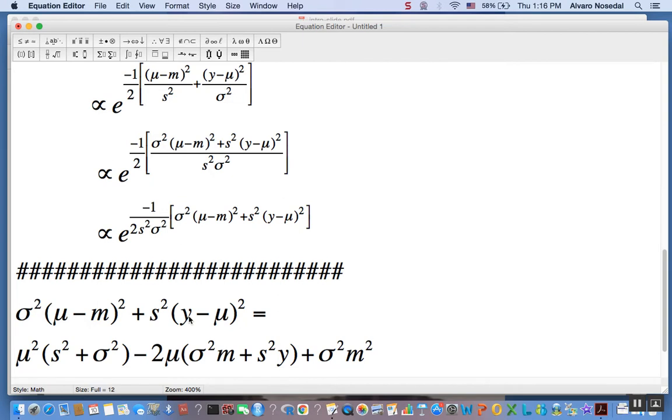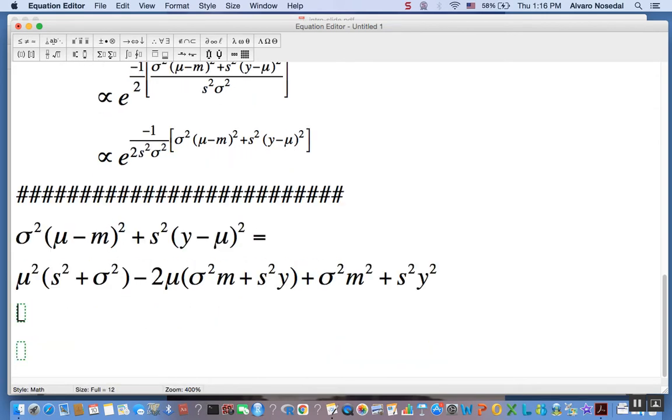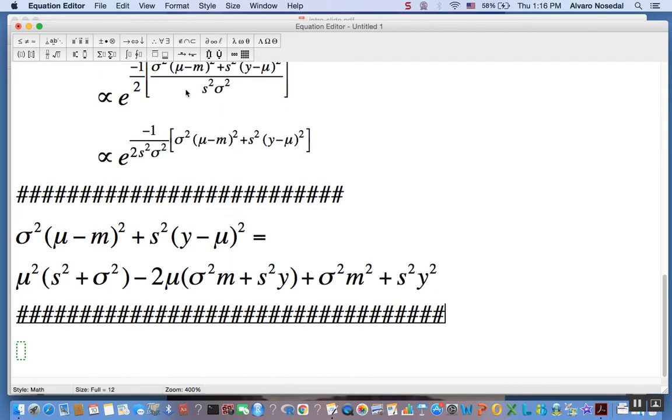Make sense? So we have s squared times y squared. Got it? Okay, so that's just after you expand that exponent that we have here, right?